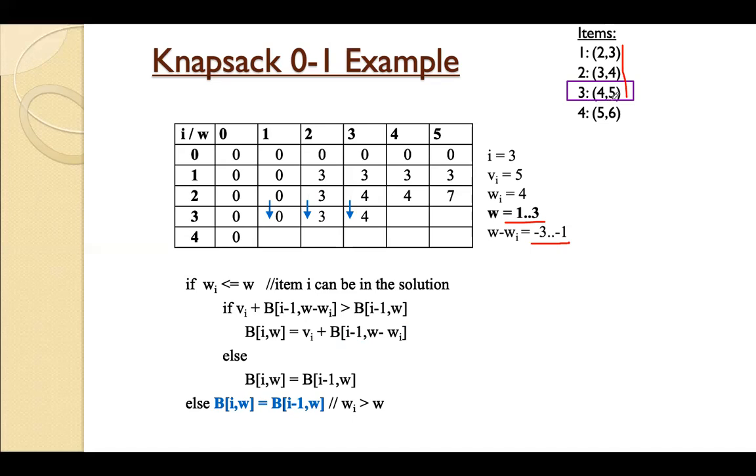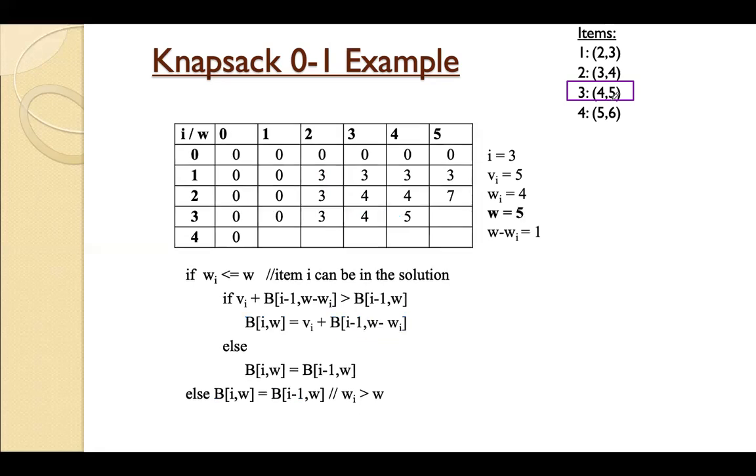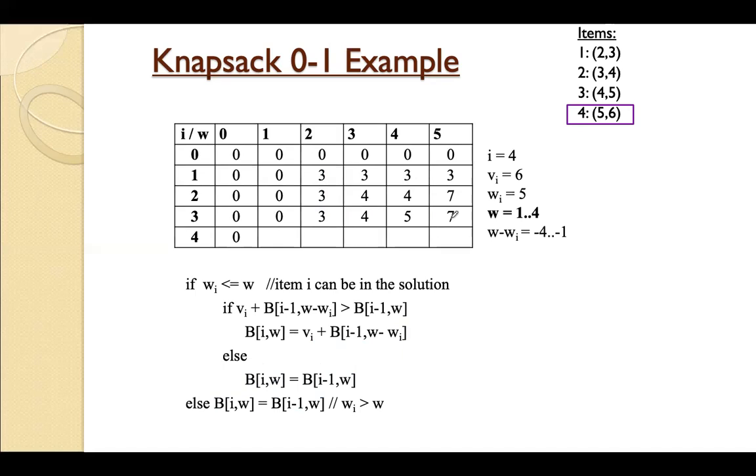Weight is 4 means you can place this third item, that is 5. Next, weight is 5 means we'll place this item as it is because that is the maximum item. Next, in the last iteration for 1 to 4, you'll get these negative values, so we'll write them as it is.